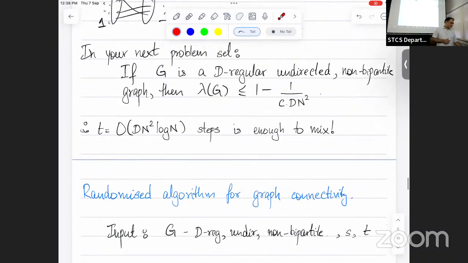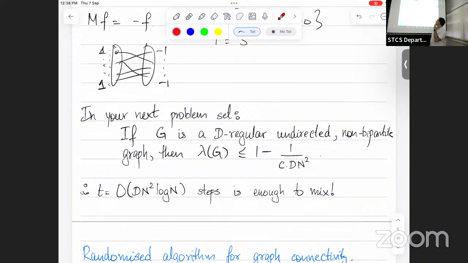Is that the problem set thing? Yes. Let's say we are only looking at d-regular undirected graphs. For bipartite graphs, lambda n is exactly -1. What this is saying is that you can always expect at least some gap.